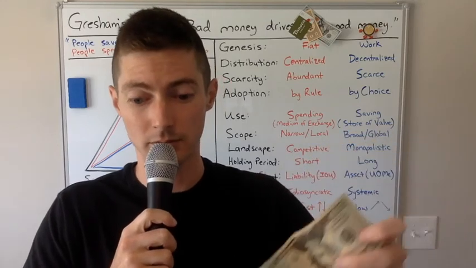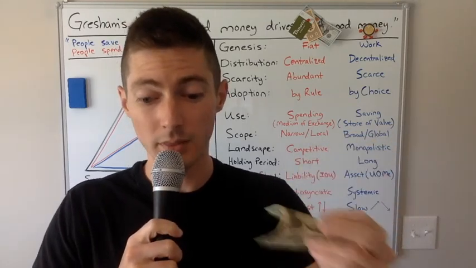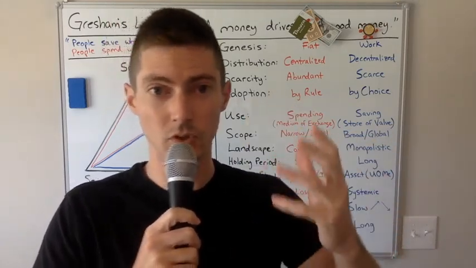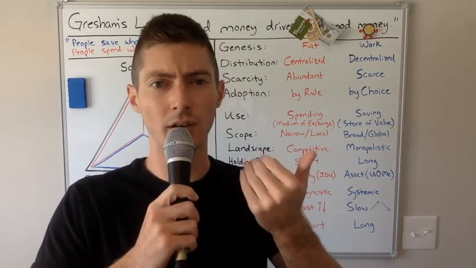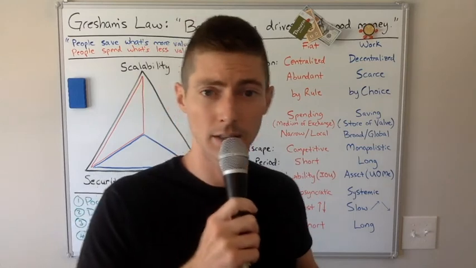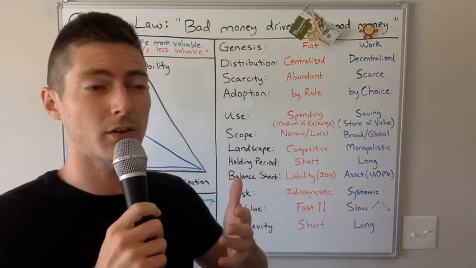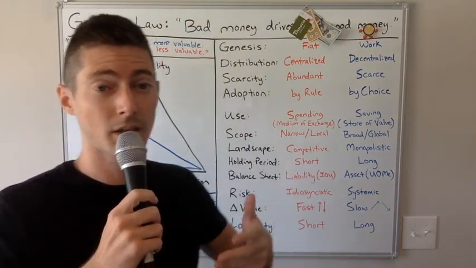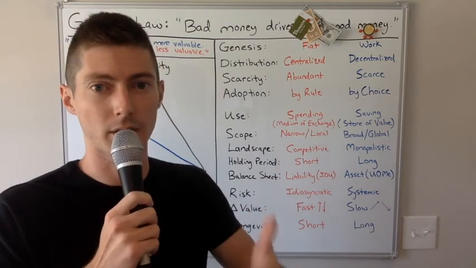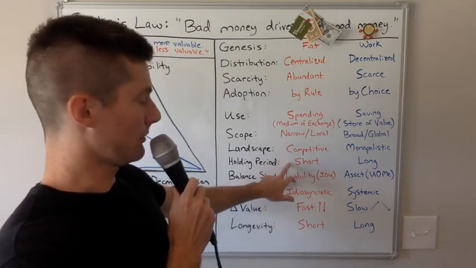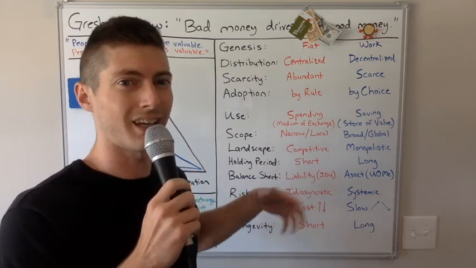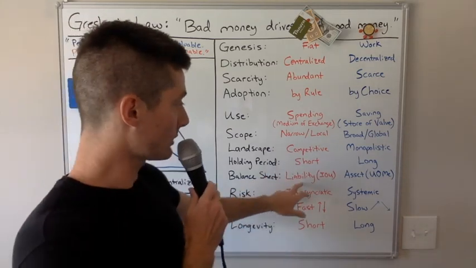You're out of your mind. The one thing these central entities do is break their promise. They get the benefit up front and they promise, oh, we'll give you something later. They don't. It doesn't matter if they meant to. It doesn't matter if they're the sweetest people in the world. They break their promise. So that's why your holding period of these things should be very short so you can't get stiffed. And that's why these are liabilities.